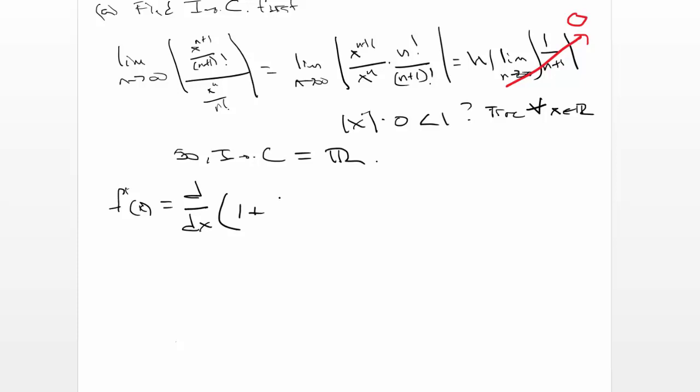X to the 1 over 1 factorial is x. X to the 2 over 2 factorial. X to the 3 over 3 factorial. X to the 4 over 4 factorial. Do one more for effect. X to the 5 over 5 factorial. And you keep going.